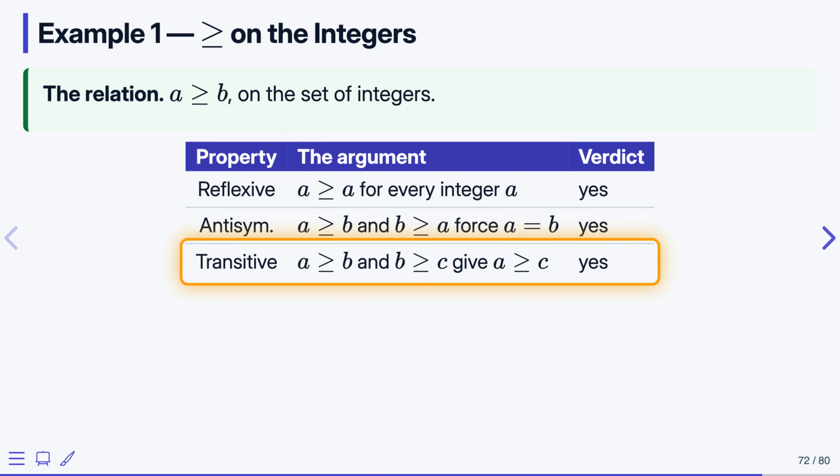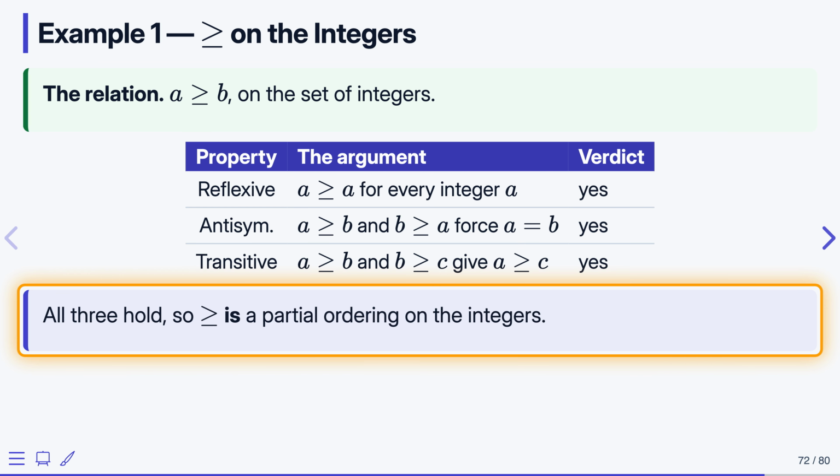Transitive. Suppose A is greater than or equal to B, and B is greater than or equal to C, then A is greater than or equal to C. All three hold. So greater than or equal to is a partial ordering. These facts come from the order axioms for the integers.